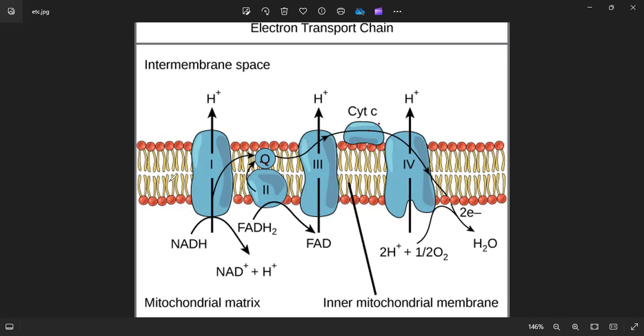Is that okay? So the first complex is called the NADH dehydrogenase complex. This one, complex 1. Is that okay? Please hold on. Yes. That is complex 1. So complex 1 is actually what? NADH dehydrogenase.